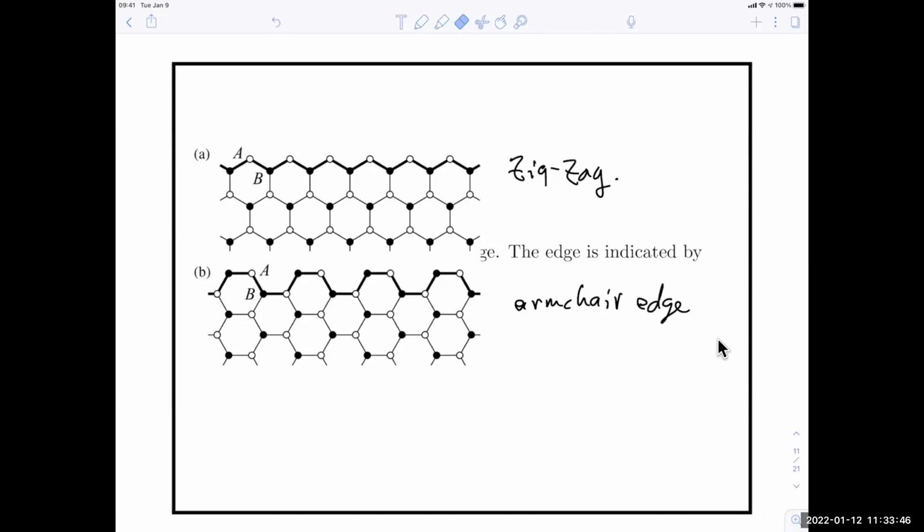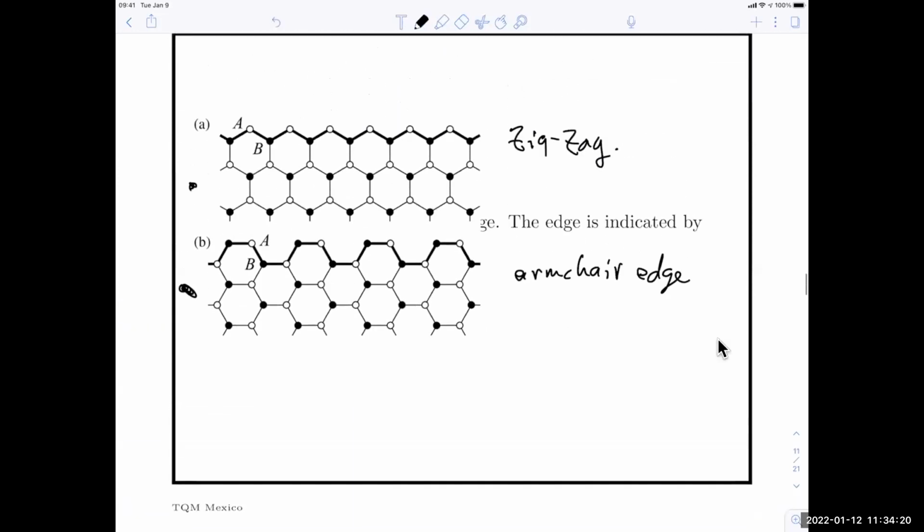I'd say armchair edges are much less explored, and I will try to convince you that they're interesting for their own reasons. The zigzag edge was recognized to be interesting 10 years before graphene was discovered in the lab, actually, and there are literally thousands of research papers written about zigzag edge effects. So it's far from new that the armchair is relatively less explored.